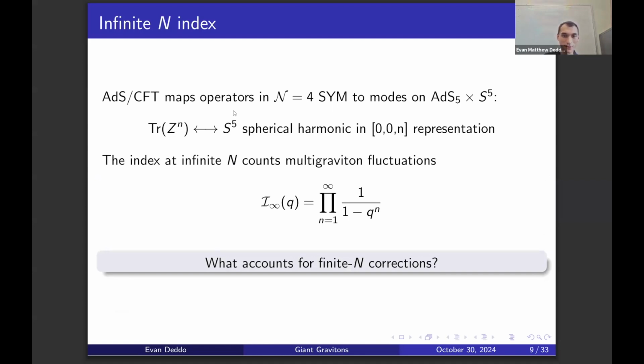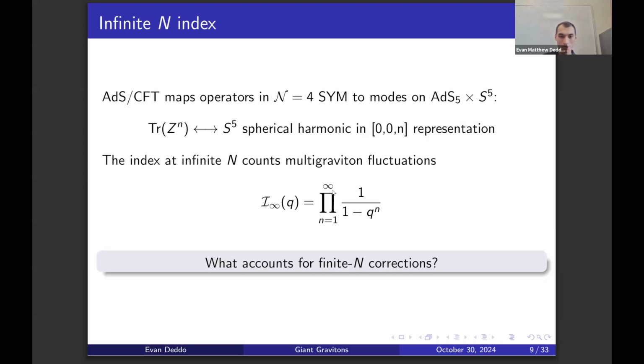Operators in AdS/CFT are mapped to modes here, and the single traces get mapped to spherical harmonics on the S5 in this particular representation. If we have multi-traces, that maps to superpositions of different KK gravitons on the S5. So the index at infinite N will just count up these multi-graviton fluctuations.